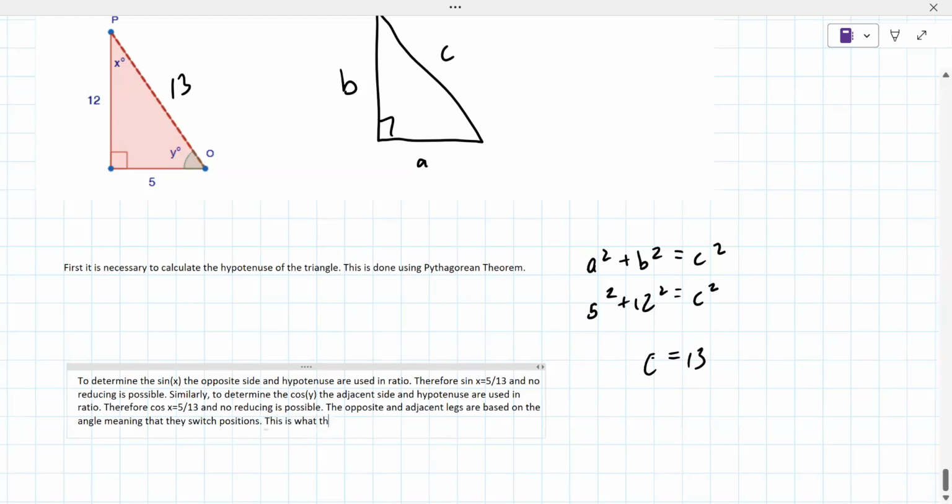This is why the sine of x equals the cosine of y. Right.